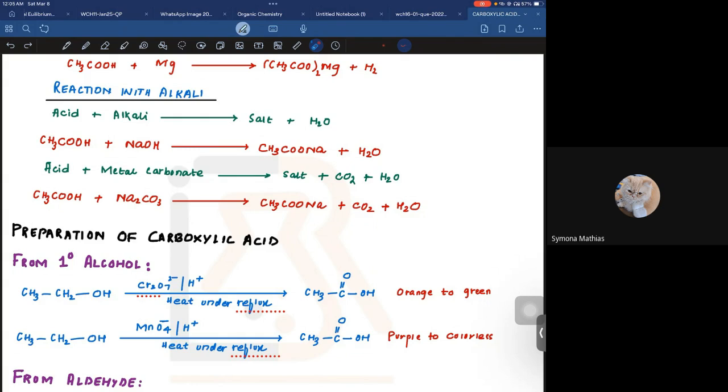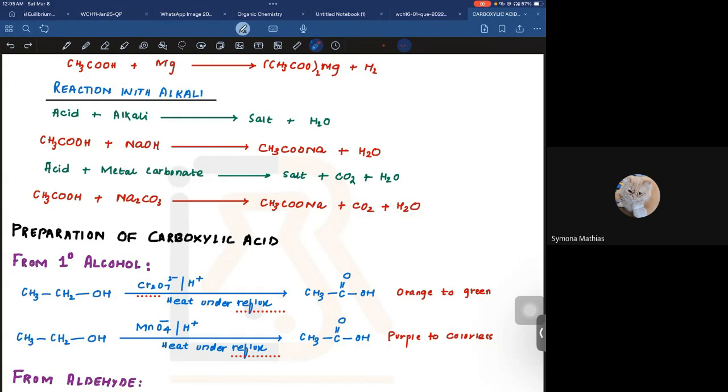After oxidizing your primary alcohol into carboxylic acid, it would be turning green. So orange to green is your observation. If you have observed orange to green, it means that your primary alcohol has changed into carboxylic acid in the presence of K2Cr2O7.